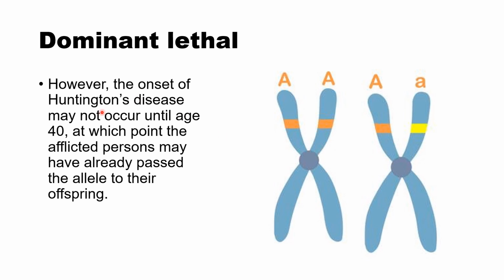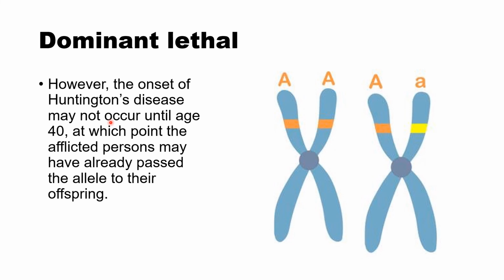However, this Huntington's disease may not occur until the age of 40. So, at 40, you have sufficient time to have children, and you have a chance to pass on this dominant lethal.